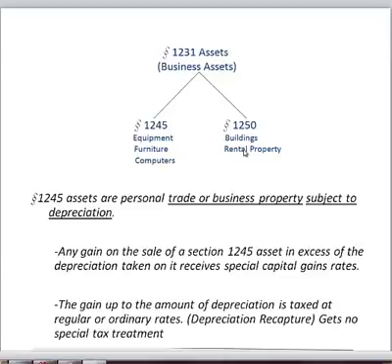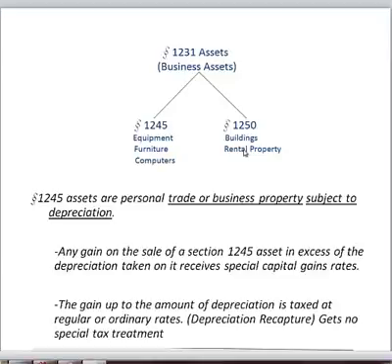Since businesses have already benefited from taking depreciation on assets as an expense year after year, the IRS does not want businesses to get another tax benefit by getting preferential tax treatment on gains due to depreciation. Therefore, we have to look at Section 1245 and Section 1250 gains very carefully.